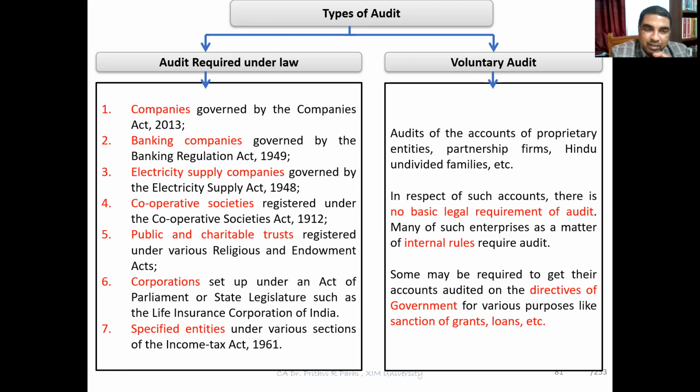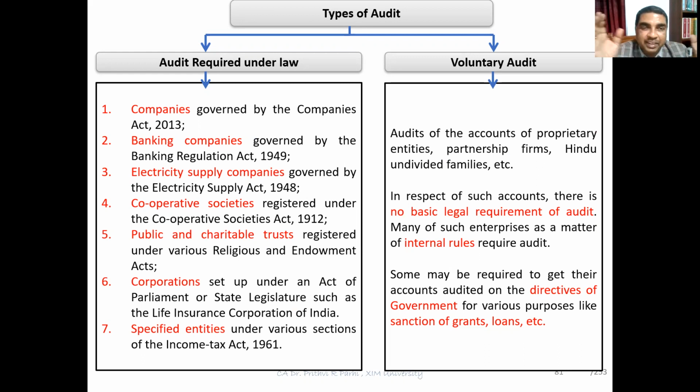But apart from this requirement, entities also voluntarily get their accounts audited, like maybe proprietorship firms, partnership firms, Hindu undivided families. They also get their accounts audited, even if there is no legal requirement for this.